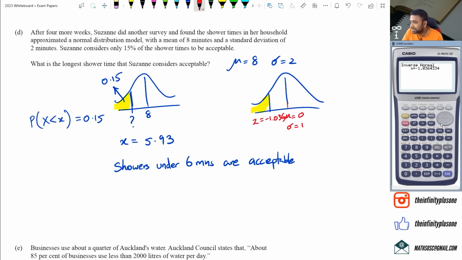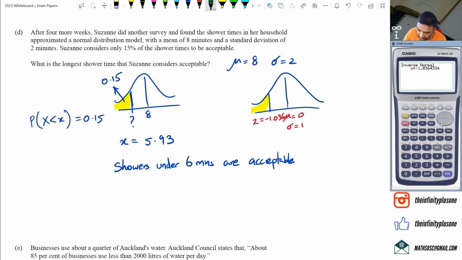I would just put that in there to show the examiner that you know what you're actually doing, because if you are asked to show that Z value, it's just to be safe, find that Z value with the second diagram, and then you could just show the 5.93 after that.